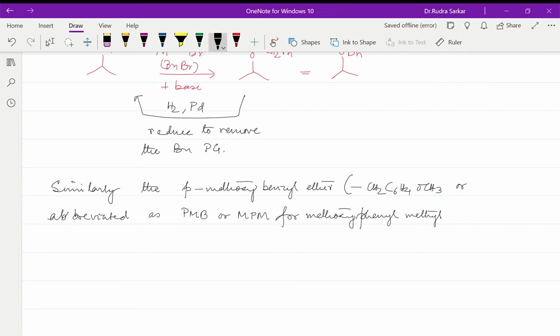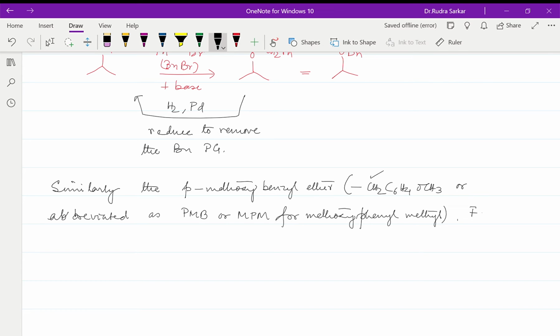So there are two ways of calling this protecting group. It is very easy to put on and can be removed by oxidation of the benzylic position, which is this one.